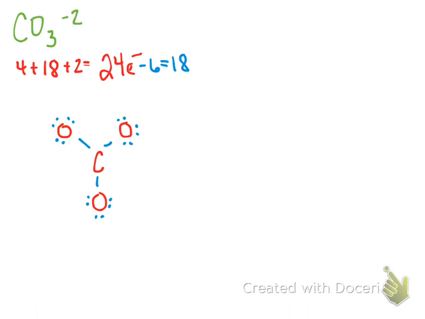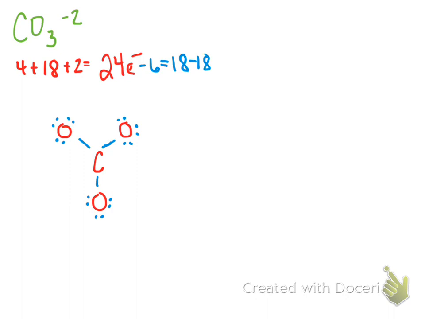Right? That seems like it's working fine, but what's the problem? We have none left and carbon isn't done. Perfect. We have no extra electrons, and carbon does not have a fulfilled octet. And carbon is not cool with having an incomplete octet. Okay? So we've used all of our 18.